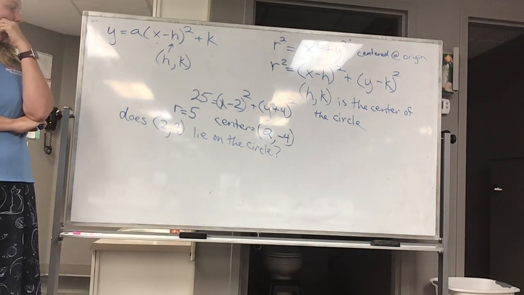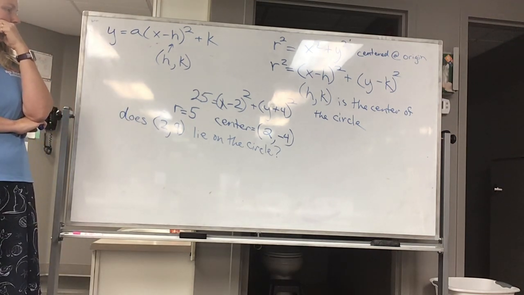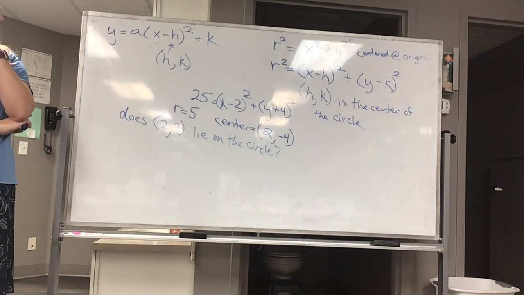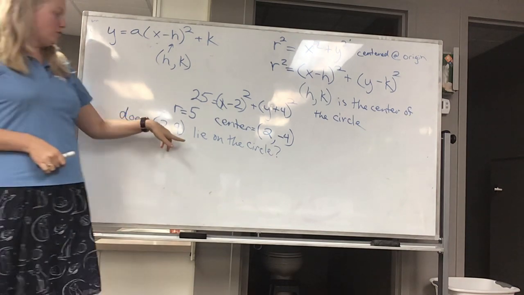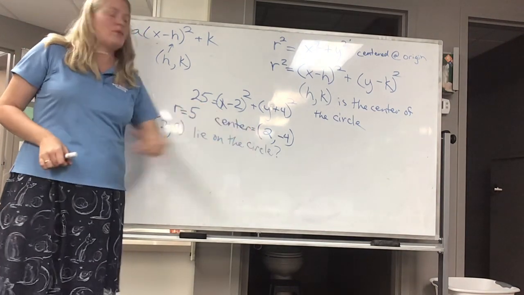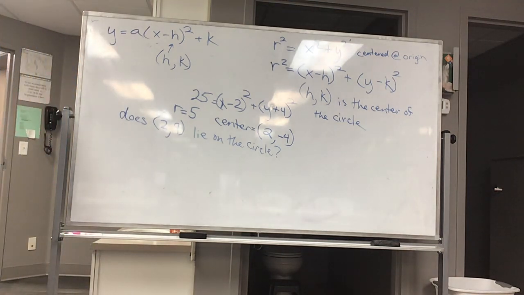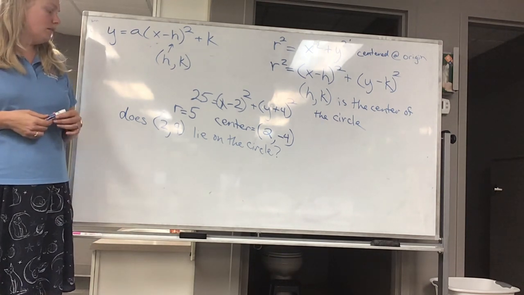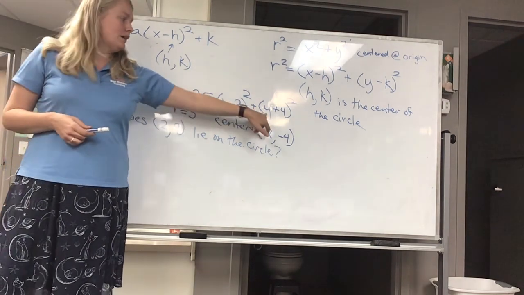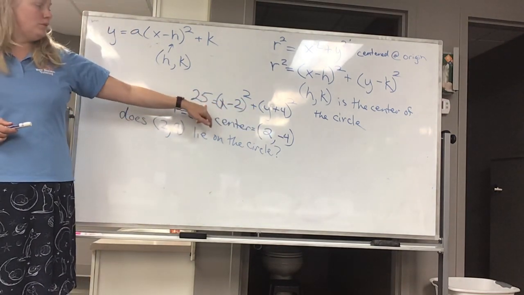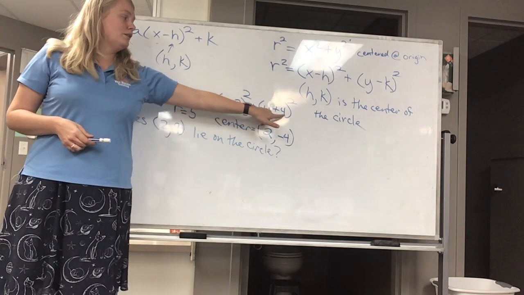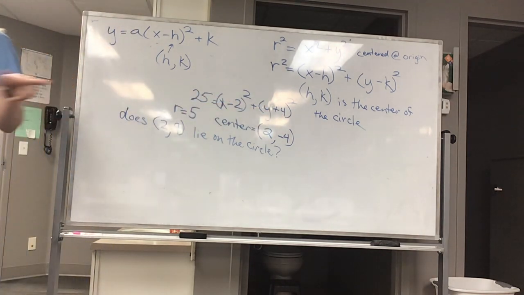You could check that, okay, is (2, 9) a distance of 5 away from the center? Or you can go more strictly algebra and just check, okay, if I put in 2 and 9, do I get 25? 2 minus 2 is 0. 9 plus 4 is 13. 13 squared is definitely not 25. And you're done.